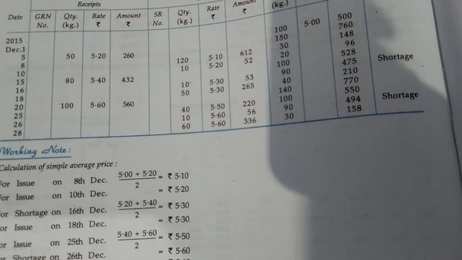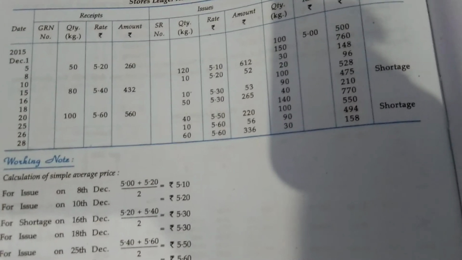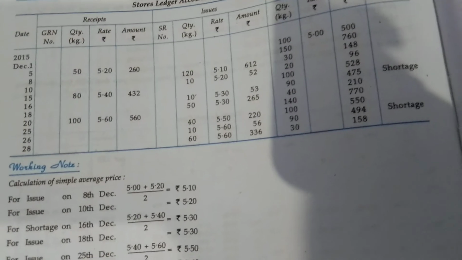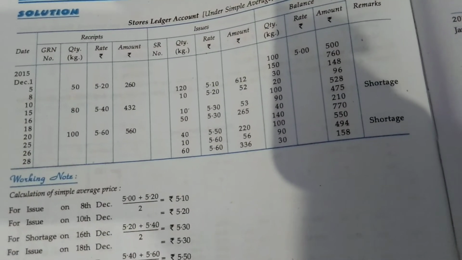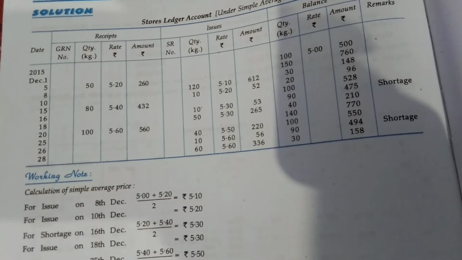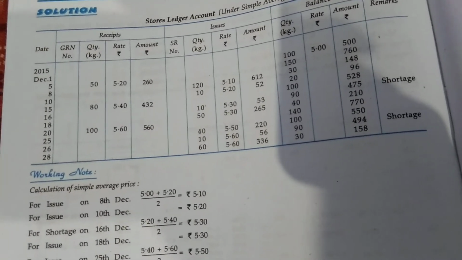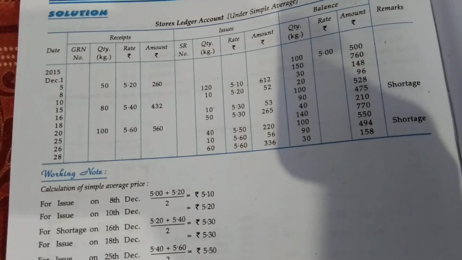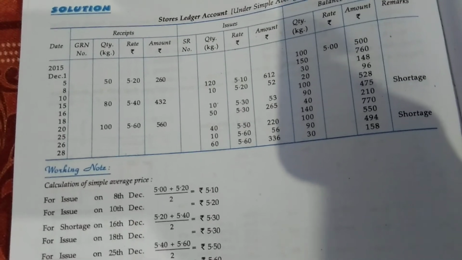When we are doing the simple average, we should do the average of the price, but we should keep in our mind that the concept of FIFO will be applied. When we make an issue, we always check with the earlier balance. We see that if there is no earlier balance left, then that price should not be considered.